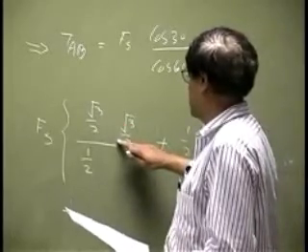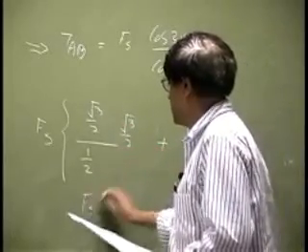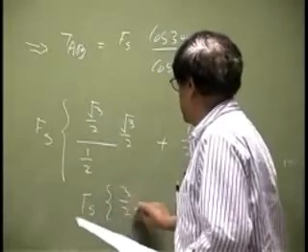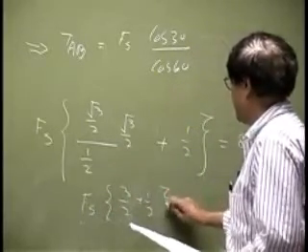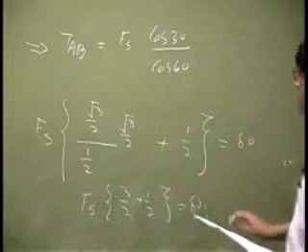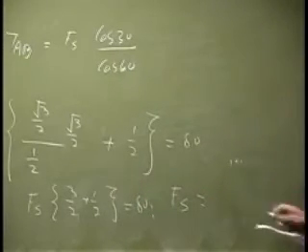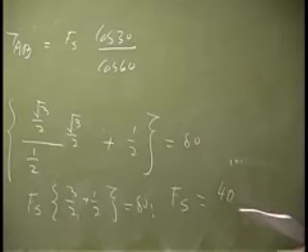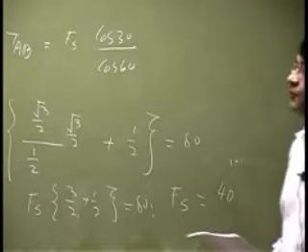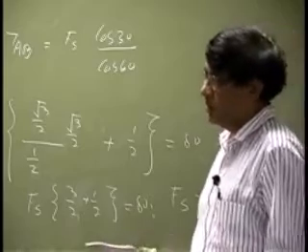So you get 3 over 4 plus 1/2, that's going to give you Fs times 5 over 4 equals 80, or you get Fs as 64. That gives you the force Fs.